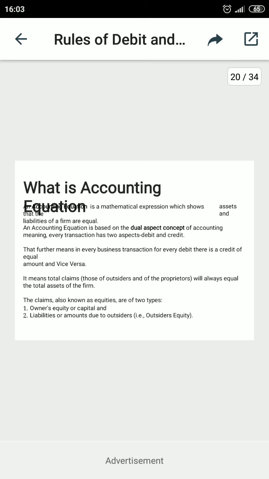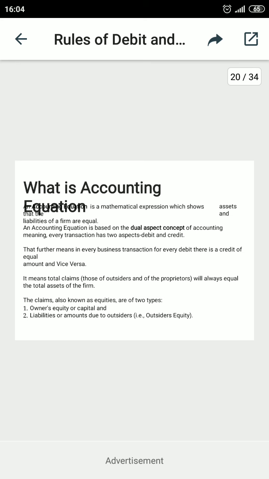Now the formula is: total claims equal total assets. When I talk about total claims, I refer to the total of capital plus total of liabilities. The claims have two parts: one is owner's equity, which may be called capital, equity fund, and the next is liabilities, meaning borrowed from outside.